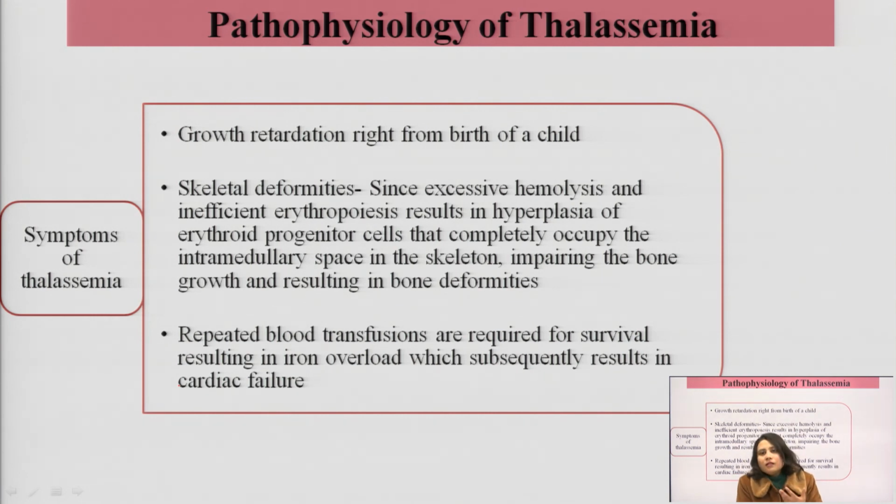Also, because it is a hemolytic type of anemia, there will be repeated blood transfusions. In order to survive, the person with thalassemia requires repeated blood transfusions, because hemolysis, destruction of RBCs, is occurring inside the patient's body.